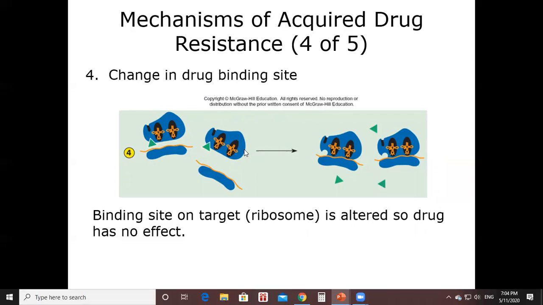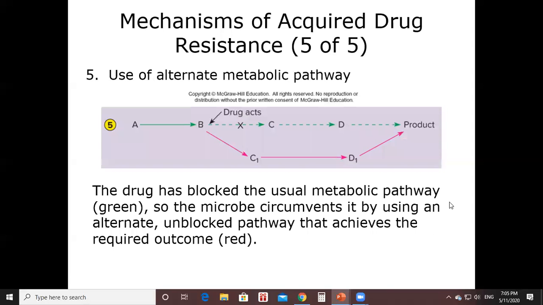And so some bacteria will find a way to change the site that the drug would affect. And so now this drug runs around and it does not have anywhere to dock to stop this process. So it literally just changes the site where the drug would go. And so that's another resistance.